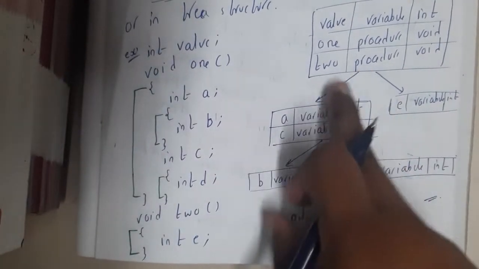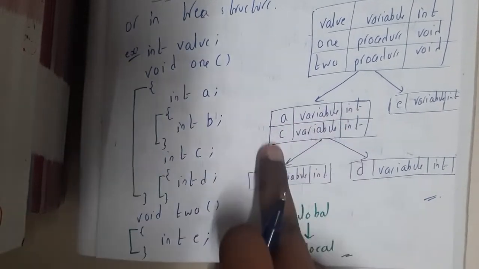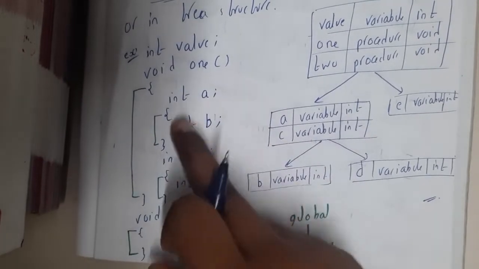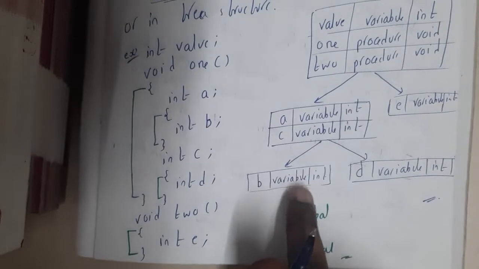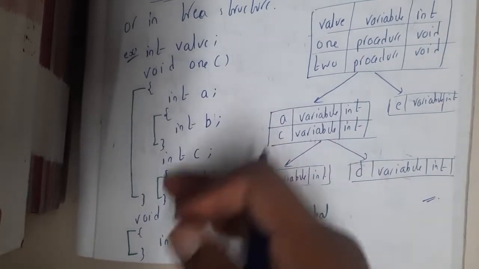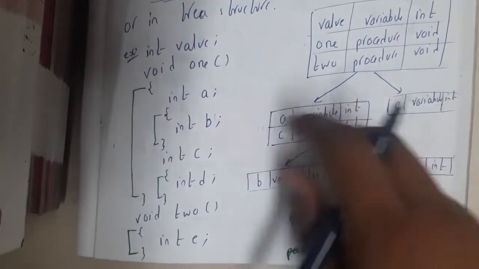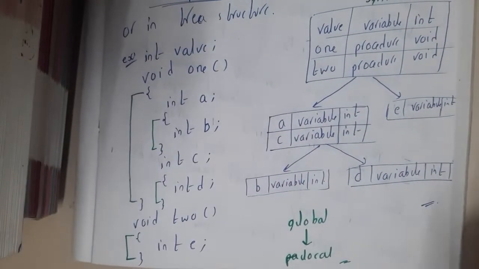Yes. So inside 1, we are having a, which is a variable of int type, and c, a variable of int type. So inside a, we are having int b, variable type. Below c, we are having int d. Okay. So here it is different. Basically, each and every pair of curly brackets will create its own symbol table, guys.